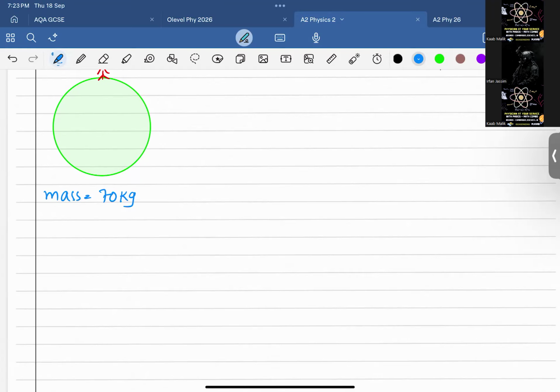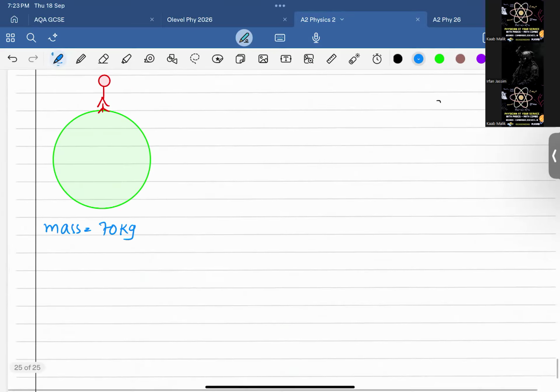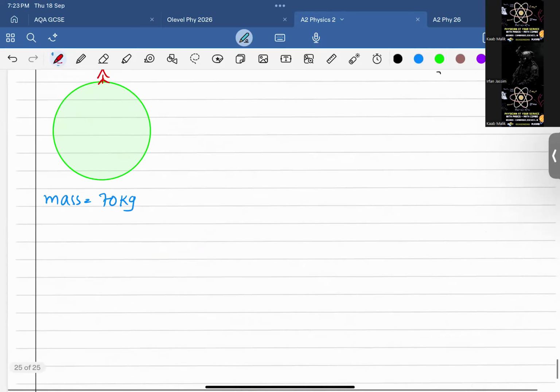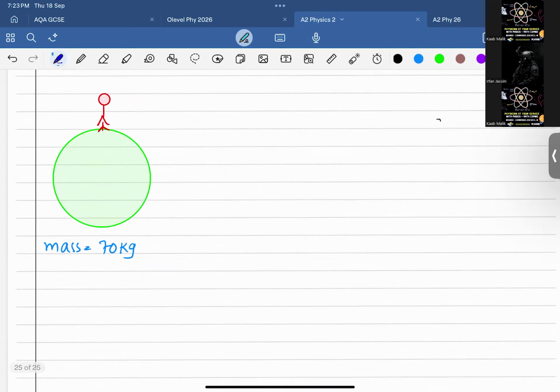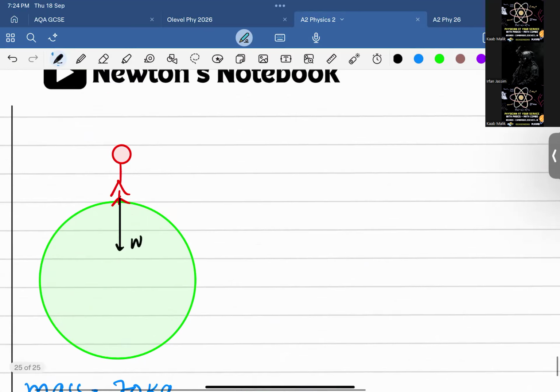Now, if I draw the forces here, the forces will be the weight and the normal reaction force. The weight will always act from the center of the body, and this is the normal reaction force and this is the weight, right?